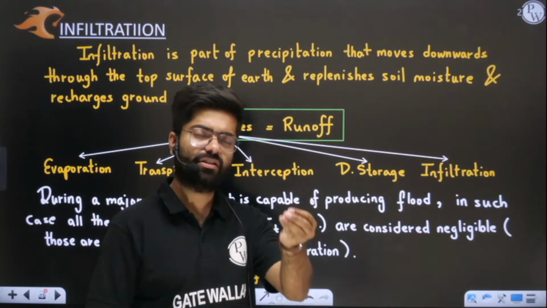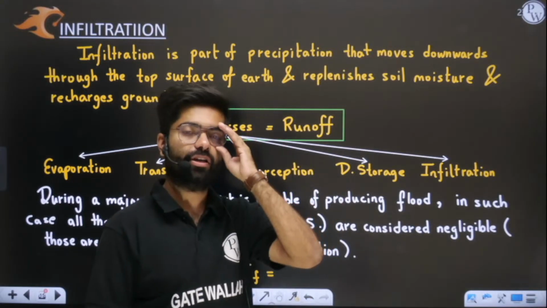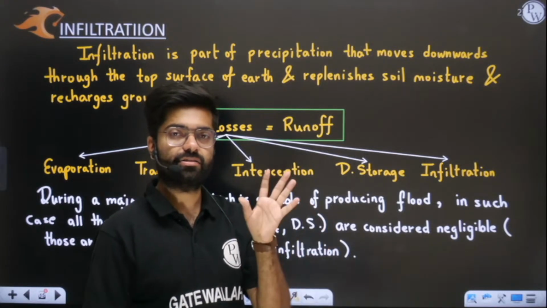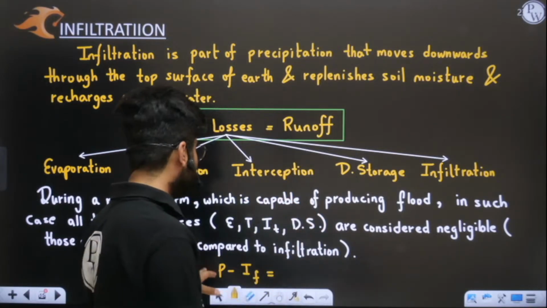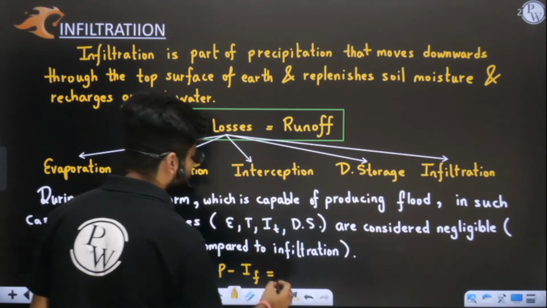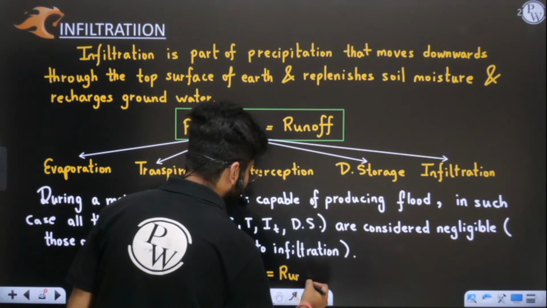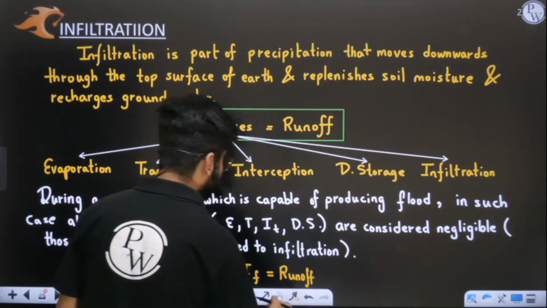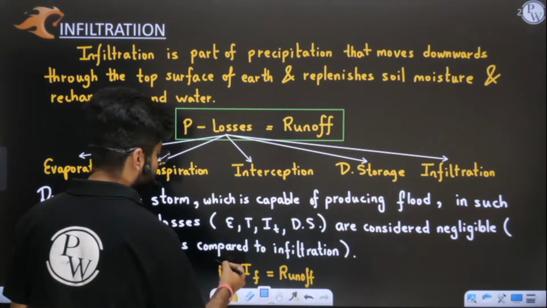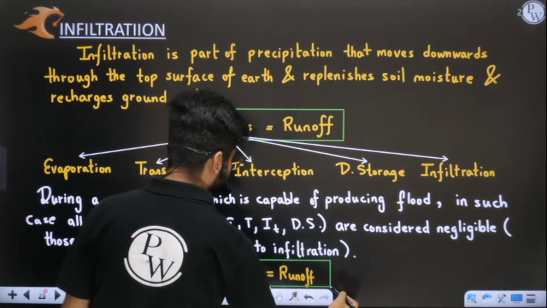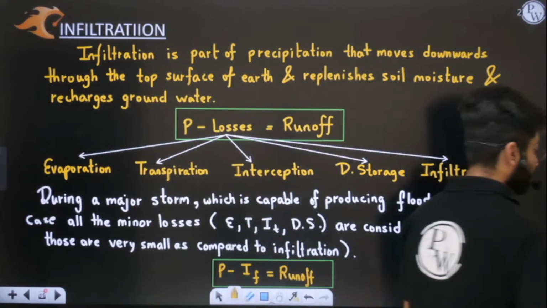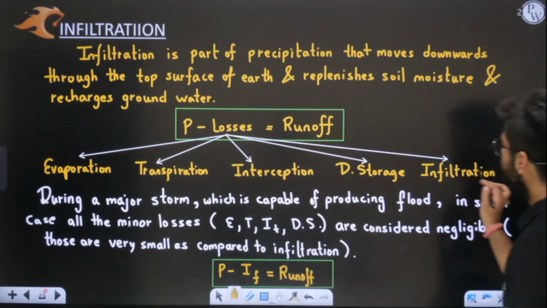We are considering the duration of rainfall only, and in that duration you will observe that the major loss is infiltration only. I hope this thing is clear now. So instead of losses I have written infiltration here.